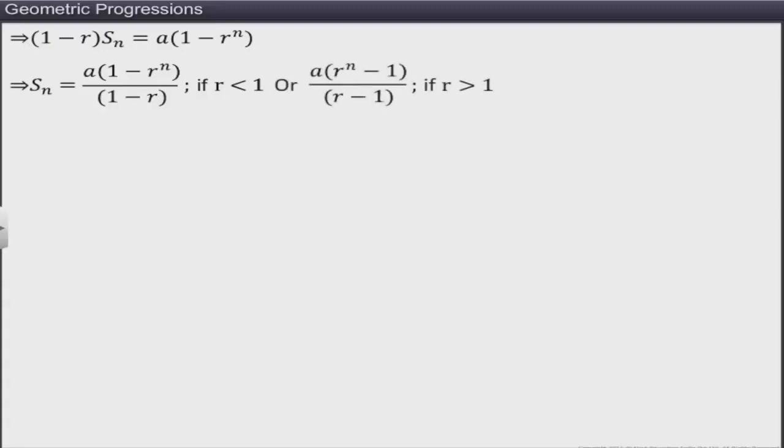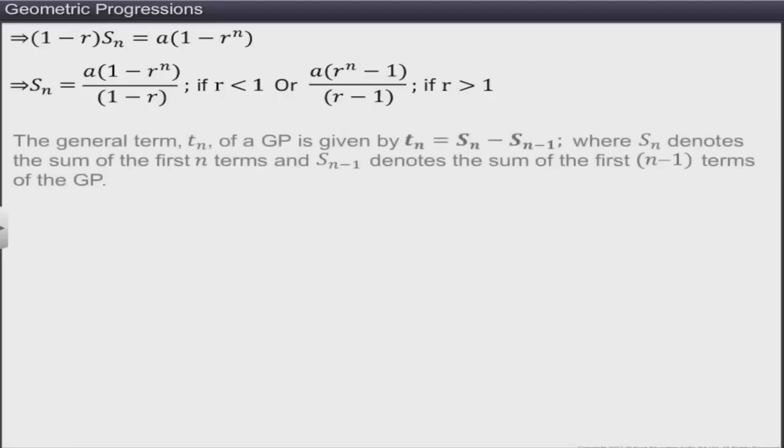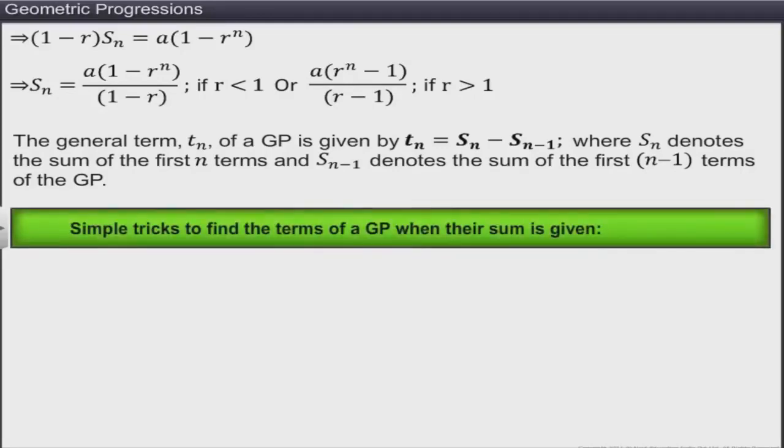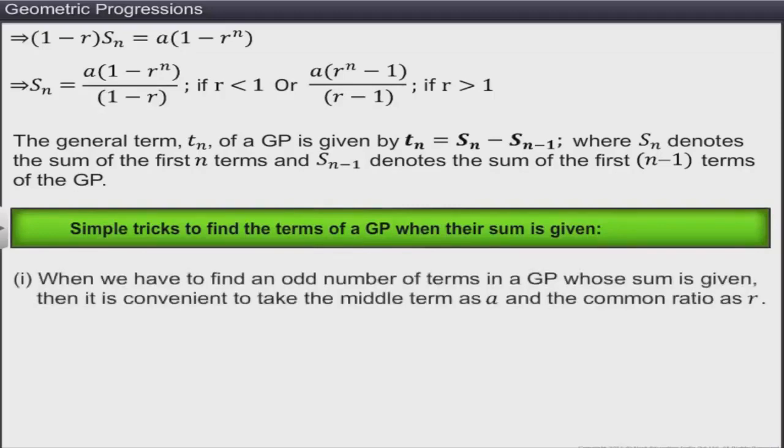The general term Tn of a GP is equal to the sum of the first n terms minus the sum of the first n minus 1 terms of that GP. Let's now have a look at some simple tricks to find the terms of a GP when their sum is given. When we have to find an odd number of terms in a GP whose sum is given, then it is convenient to take the middle term as a and the common ratio as r.